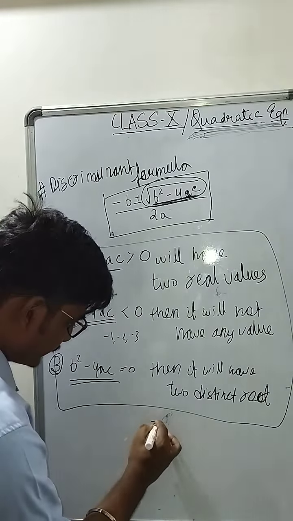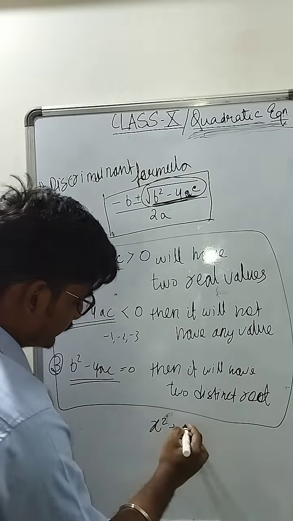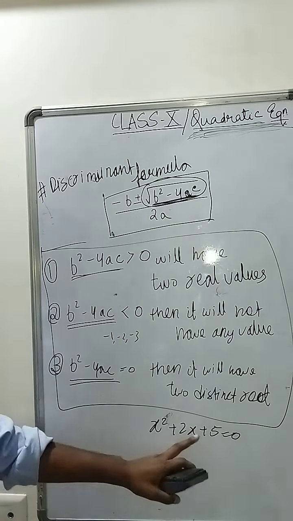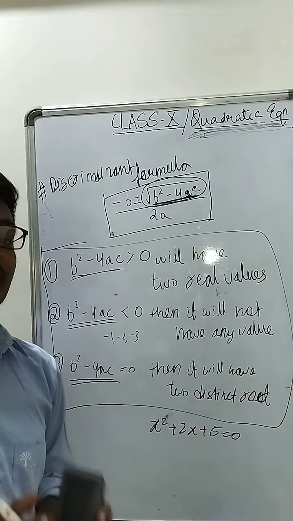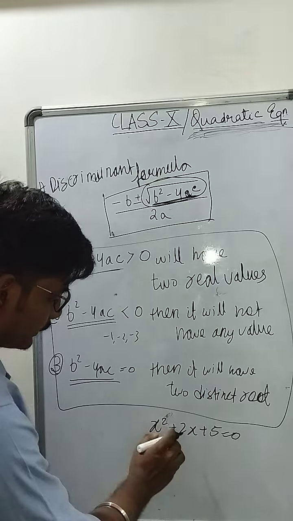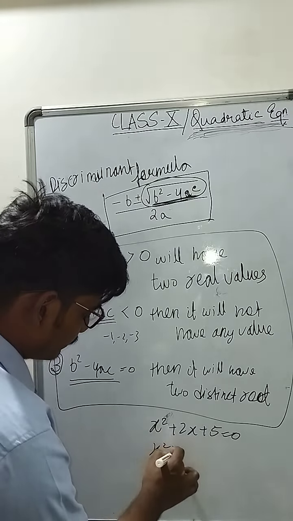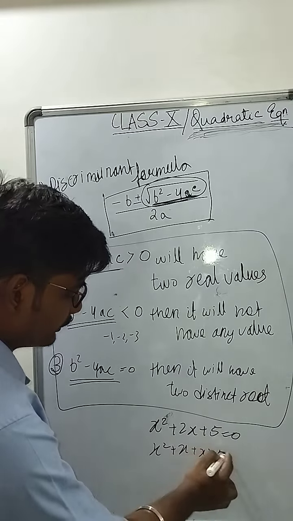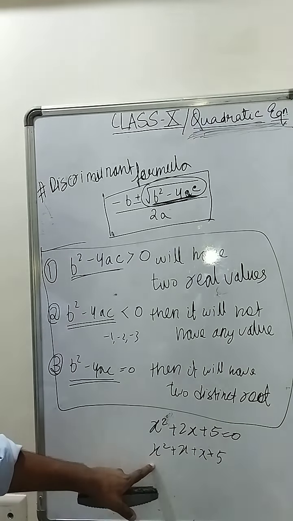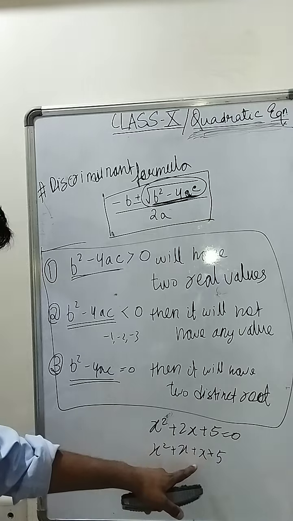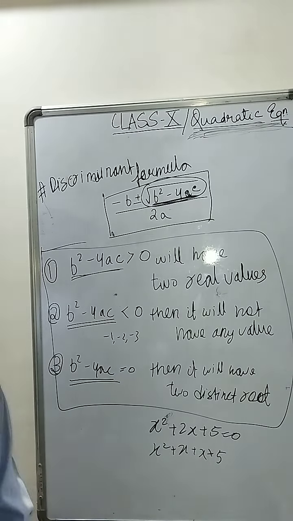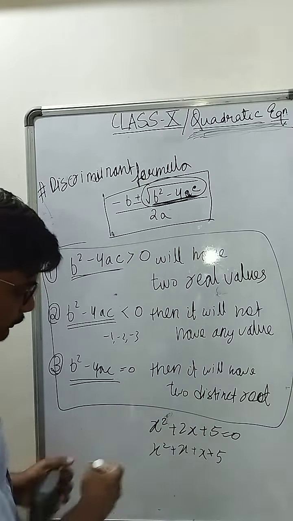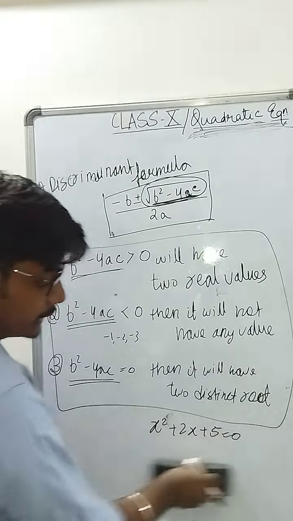If this is the equation x squared plus 2x plus 5, let's see if it is going with the factorization method or not. First of all, we need to see x squared plus x plus x. It is not going with the factorization method, because if x is common, so x plus 1, and if 1 is common, then it will be x plus 5. So x plus 1 and x plus 5 are not related to anything, so we need to solve it with the discriminant formula.